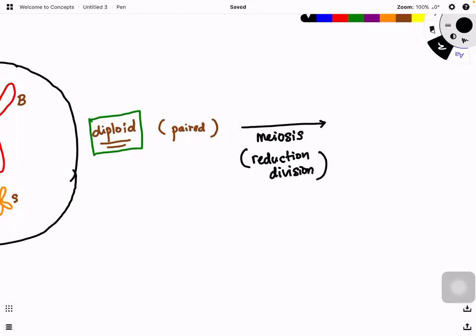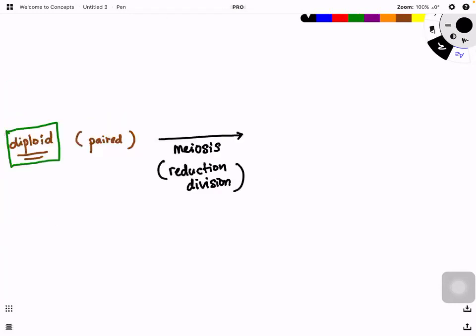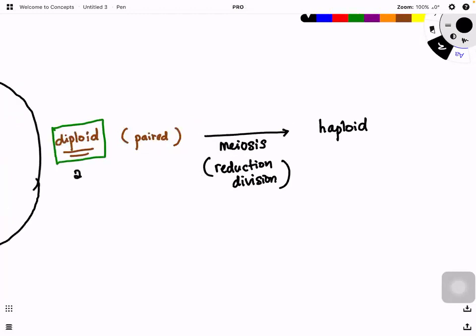Through meiosis, we are able to reduce the number of chromosomes into half. Our chromosome number becomes the haploid number, from 2n to n.